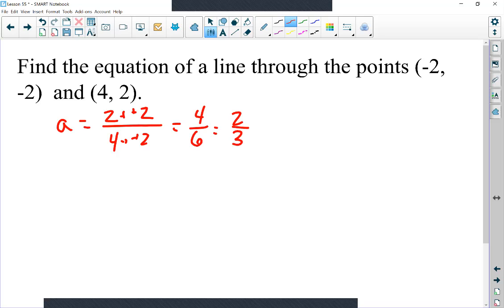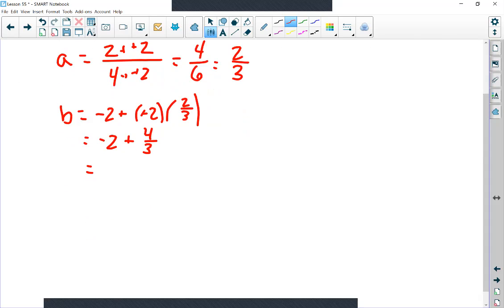Yeah, seeing some yeses, that's good. My y-intercept is negative 2/3.